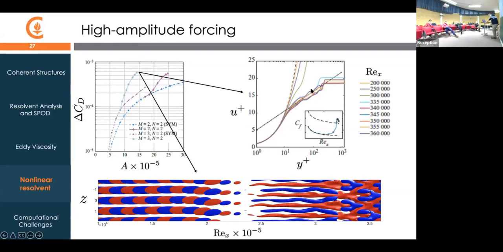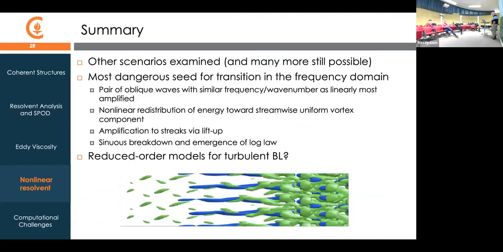This is just past transition, but that seems promising in terms of reduced order modeling. Again, there's a lot more that we can learn from this that I skipped over, but I just wanted to highlight that result.